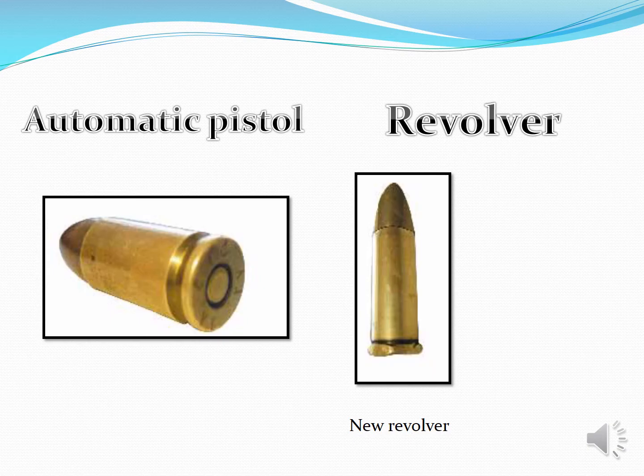Firstly, we will describe the cartridge of short weapons. Automatic pistol and revolver are short weapons. The cartridge is short, made of brass, and the covering bullet is short and blunt. Short and blunt, like this.